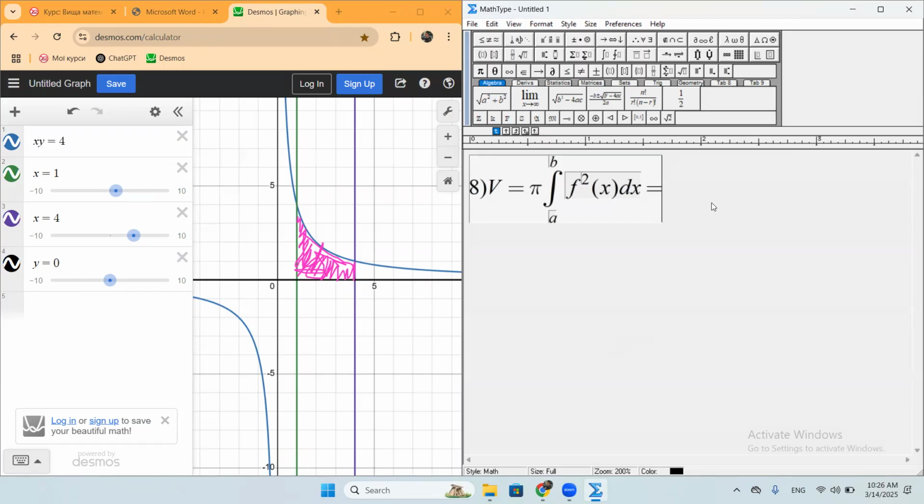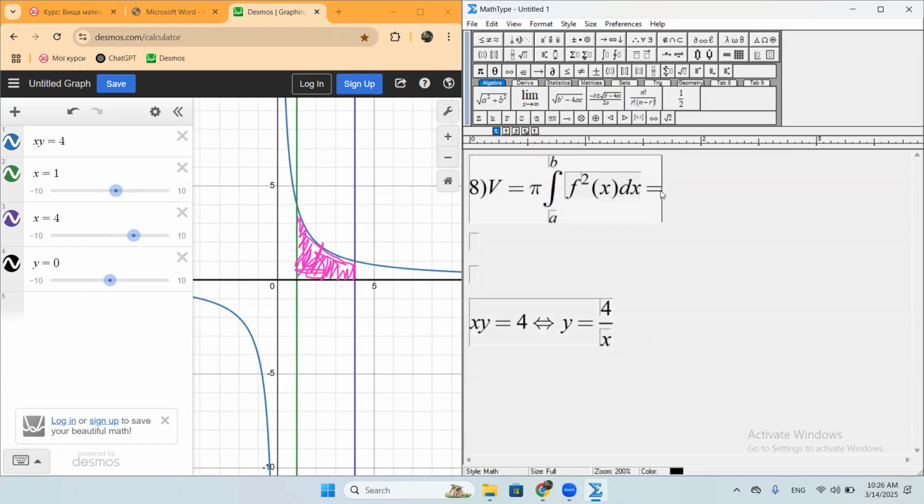So let's write the function y explicitly. So xy equals 4, so y equals 4 over x.